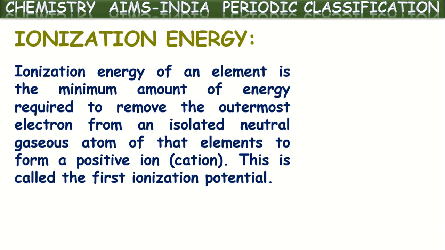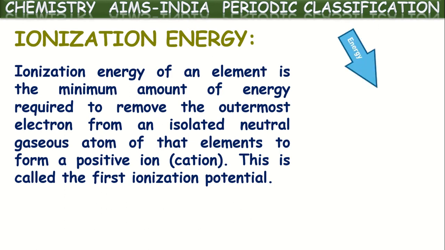What is the definition given for ionization energy? The minimum amount of energy required to remove an electron from the isolated gaseous neutral atom to make it a unipositive ion is called ionization energy or ionization potential.